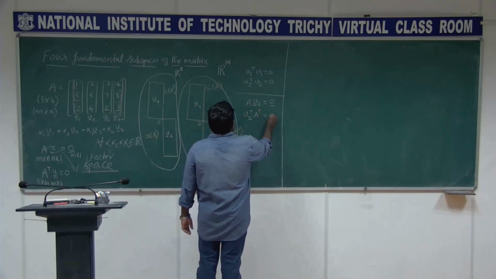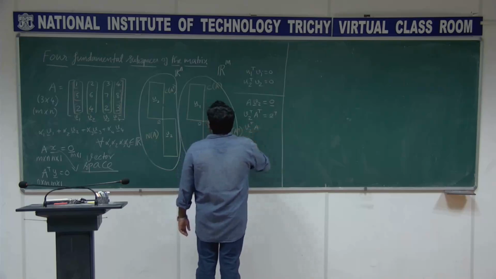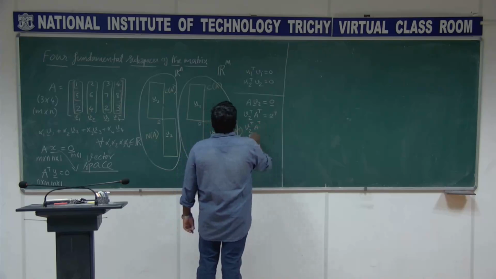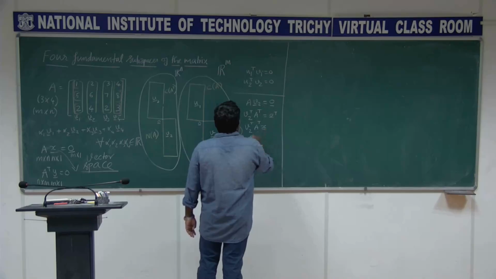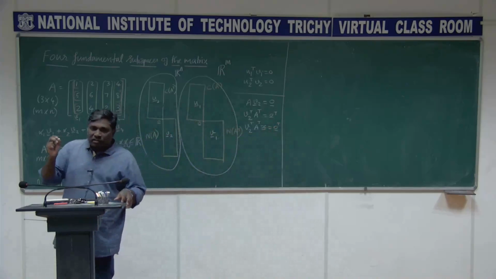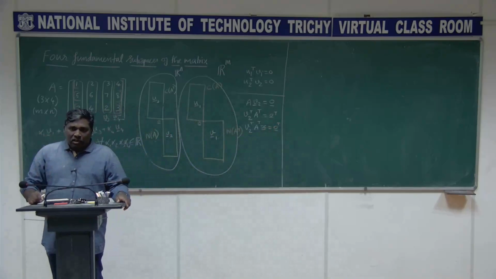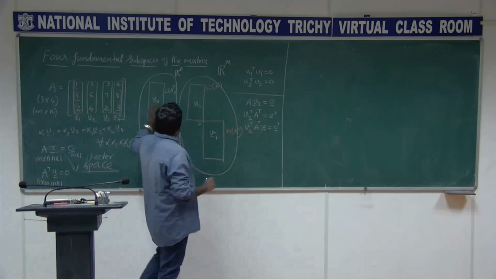That is going to be our 0 in this, and v2 transpose, right, A transpose, let us say some arbitrary vector x here, that is also going to be your 0 in this. For some arbitrary vector x, I am claiming that A transpose x is going to be what?